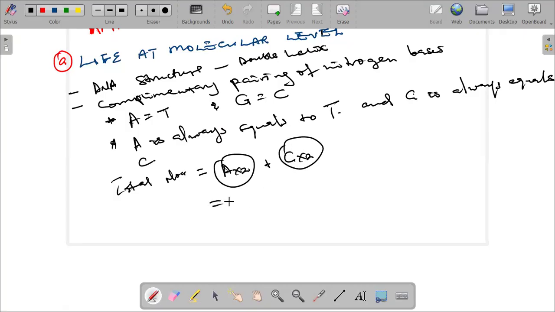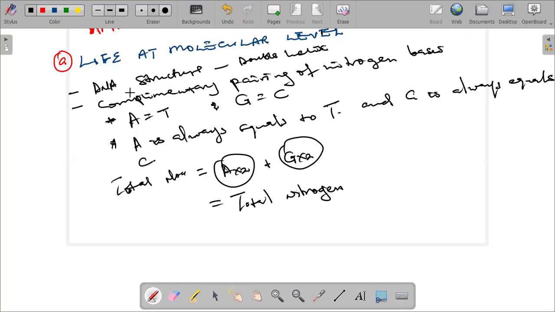The reason we are saying times 2 is because it's A and T, and it's G and C. So if that question ever comes, you need not make any mistakes there.